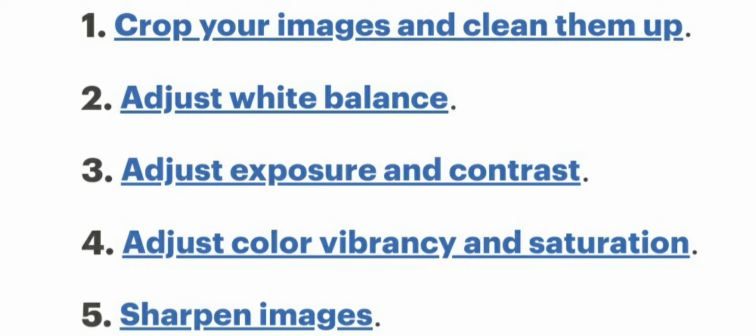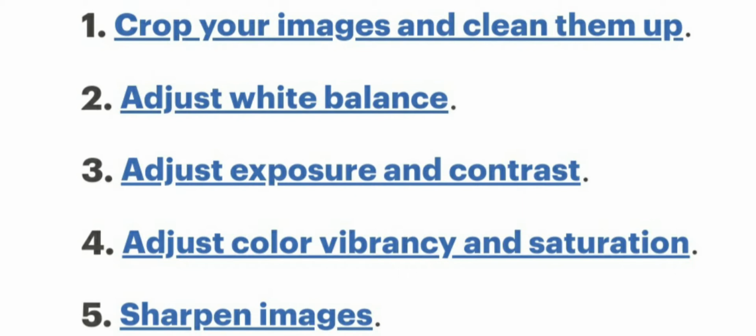For all photo editing, I just want to share some key steps. For every photo edit, the first step is to crop your images and clean them up. The second is adjust white balance.